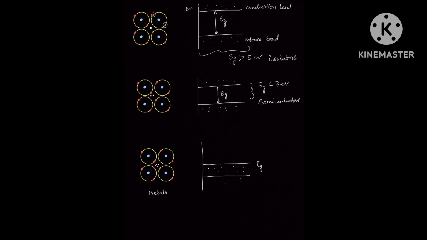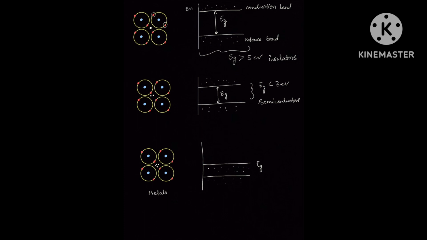In the case of semiconductors, we have some free electrons, but when we give some energy for a valence electron to reach the conduction band, the energy required is less than 3 electron volts. So this is the semiconductor, where we can choose how we want our material to behave.